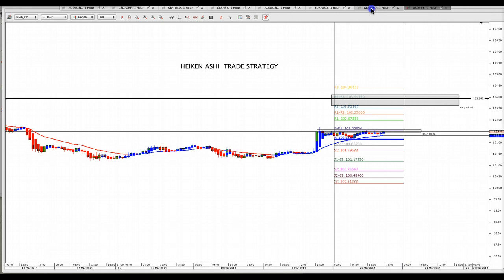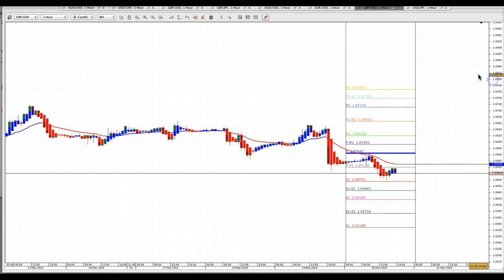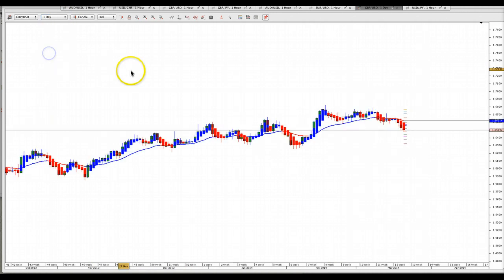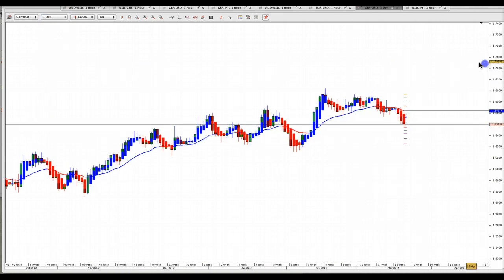The other trade is the pound dollar. I know I've got Heiken Ashi candles on here, but I just wanted to show you this support level around here. It's 165, and that was a very strong support level.